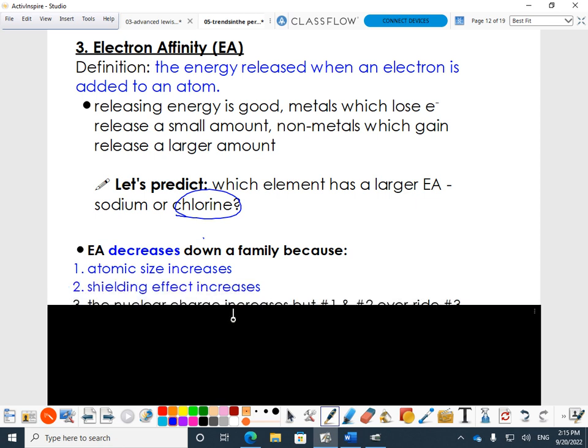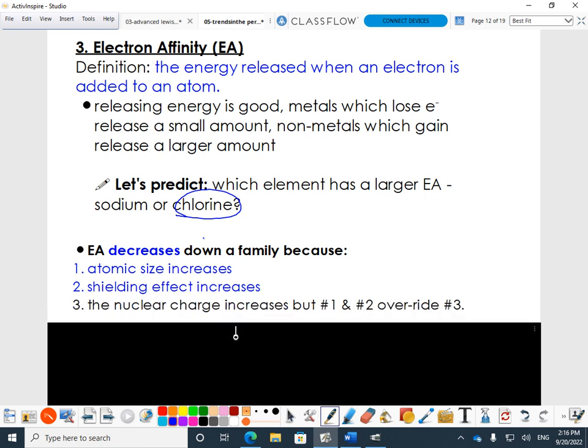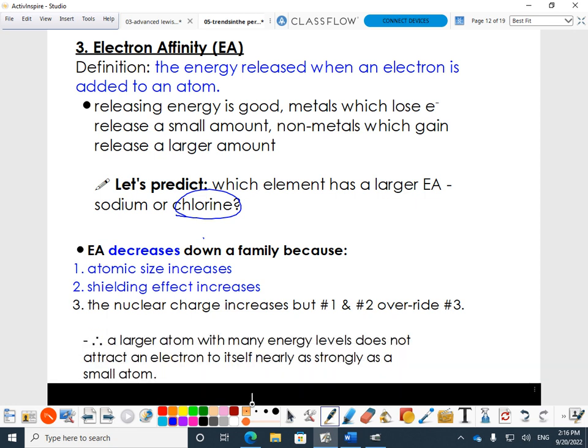And then, of course, number 2, shielding effect increases. And we have to put that third one, but we really don't need it. A larger atom with many energy levels is not going to be attractive to an electron.